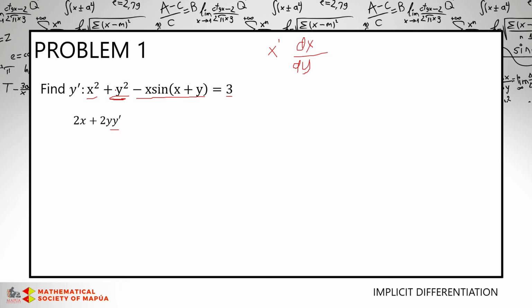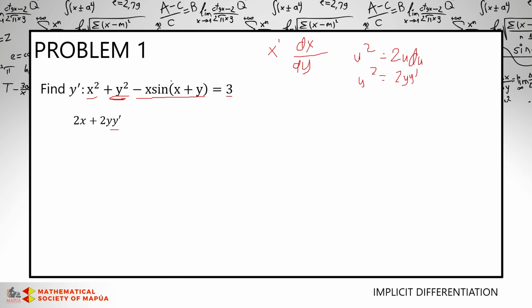Kasi y is a function of x. Okay? Kumbaga, para mo siyang iti-treat as u. Diba? Pag, for example, nag-differentiate ka ng u squared, it's actually 2u du. So, pag nag-differentiate ka ng y squared, it's actually 2y y prime. Parang ganun lang siya. So, wag niyong kakalimutan lagi yung y prime.